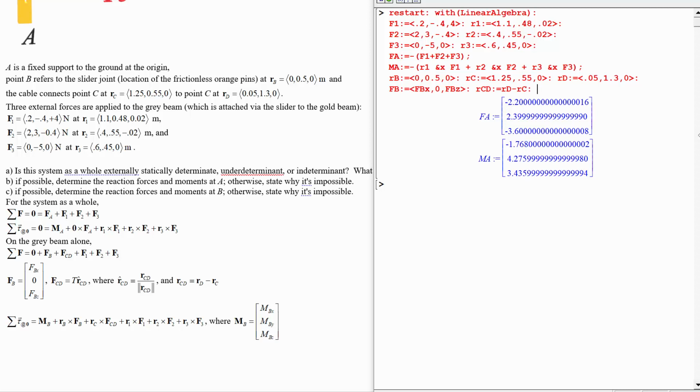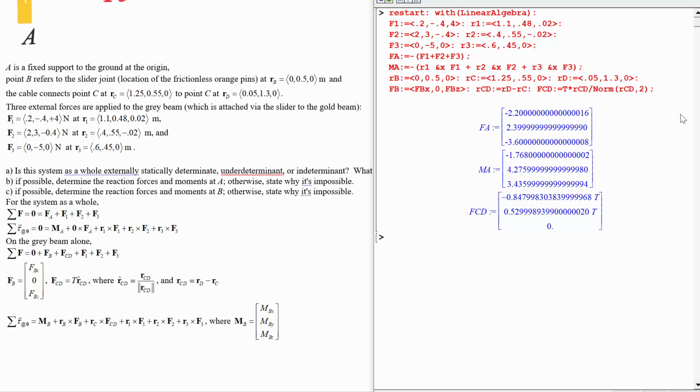And then we've got the FCD, which is given by T times RCD divided by the norm of RCD, the 2 norm, which is the magnitude. Let's just double check that that looks correct. Yeah, okay, so we got one vector there, and it goes left and up. Okay, good.